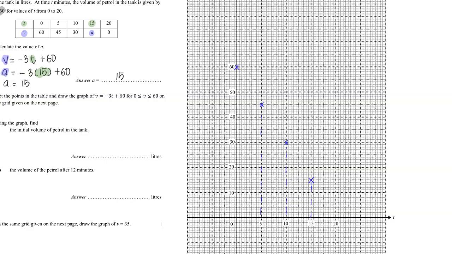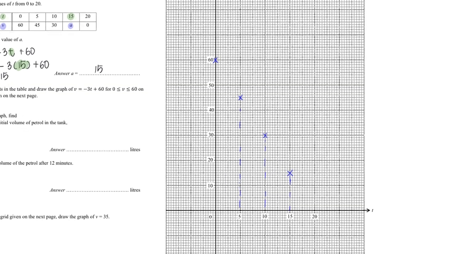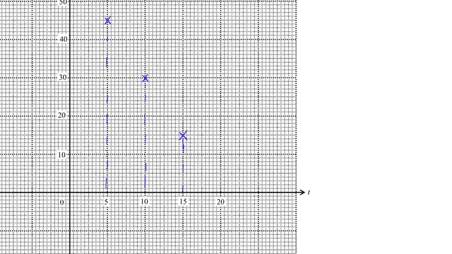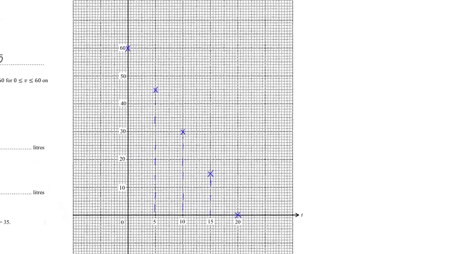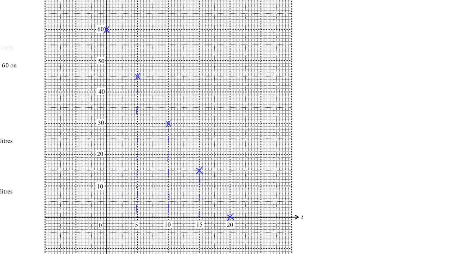And the last point is when V is 0, T is 20. Here. And I'm going to pull out my ruler. And indeed, they make a nice straight line.